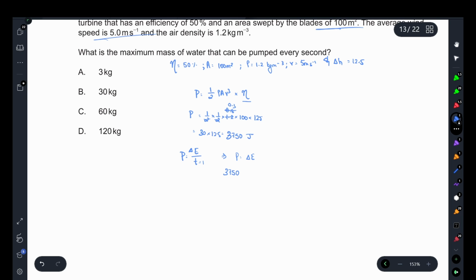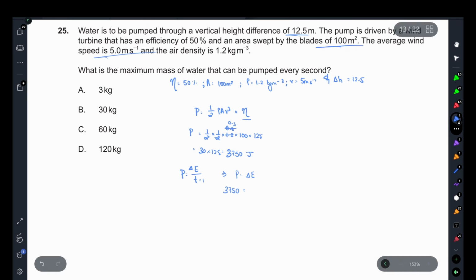So, 3,750 joules is equal to delta E, which is m, so mass, times g, let's call this 10, times h, which is 12.5. So now if we cancel out, you will find that you have 30 over here. So m is equal to 30 kilograms.